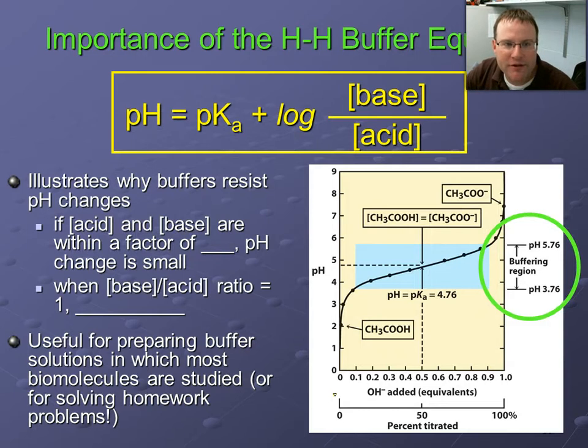So, thinking about the importance of the Henderson-Hasselbalch equation, we're going to return now to the plot that we showed you a minute ago. So again, this is our titration of a weak acid with a strong base. But now we're going to think about it in light of the HH equation. So pH equals pKa plus log base over acid, products over reactants.